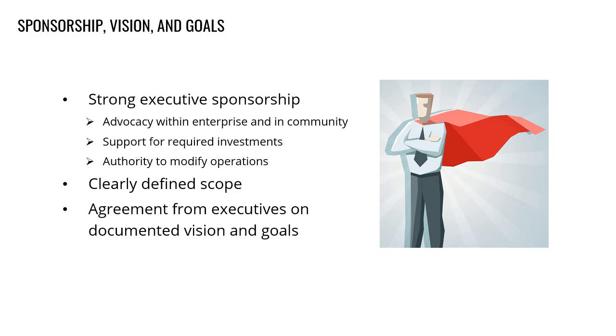Strong executive sponsorship is critical to your success. You need them to go out into the community to get support. You can obtain through them the support for the required investments that are going to be needed. And you get them to give you the authority to modify operations within the scope of the drone operations. But clearly define the scope and get an agreement from the executives specifically on the vision and goals. You need the support.